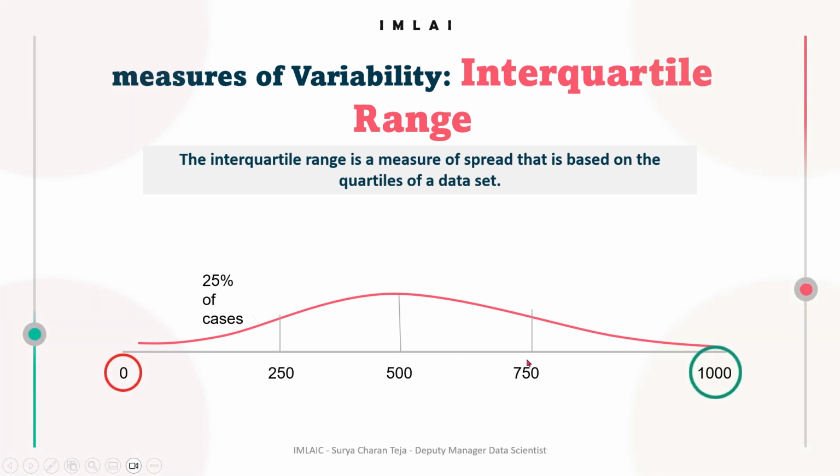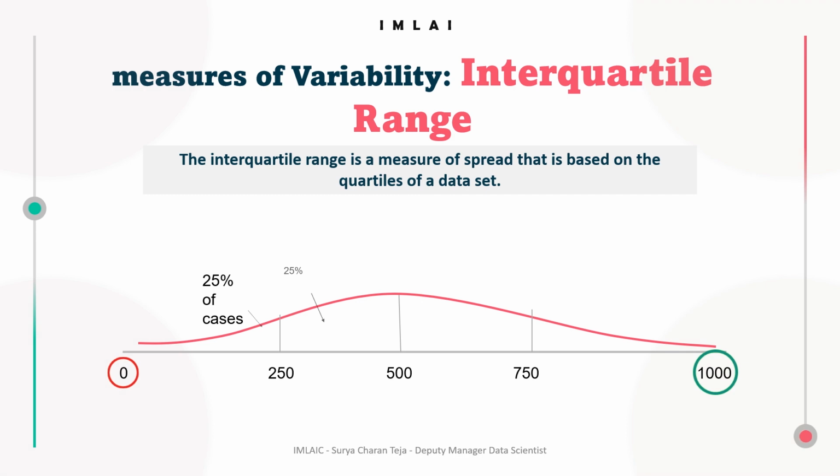Similarly, the 75th percentile is a value up to which you will have 75 percent of cases from the total observations of the data set. Your quartile 1 is a value equivalent to the 25th percentile, quartile 2 is equivalent to the 50th percentile, and quartile 3, Q3, is equivalent to the 75th percentile.